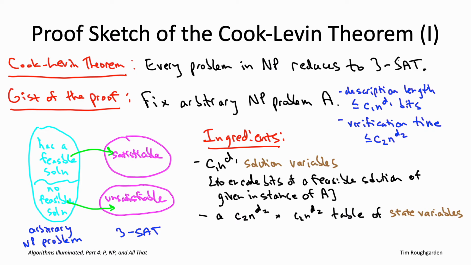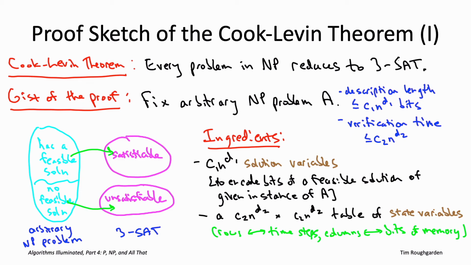So the rows of this table correspond to time steps. It's a snapshot of what things look like at each time step that the algorithm runs. And then within a row, the columns are encoding the bits of memory at that particular time step of the execution. I sympathize if this description of the state variables encoding the verification algorithm's execution on a candidate solution seems a little vague.